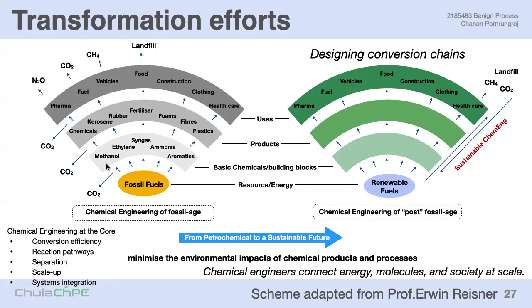So even if you try to optimize this process, make it as clean as possible, the reaction itself by nature creates pollution. So there are certain things we can do, and there are certain things where we have already reached the limitation.